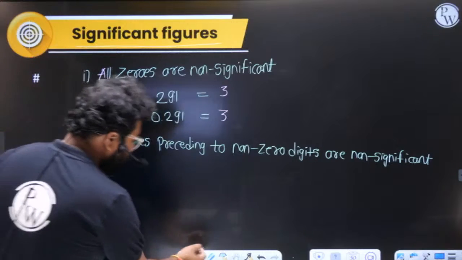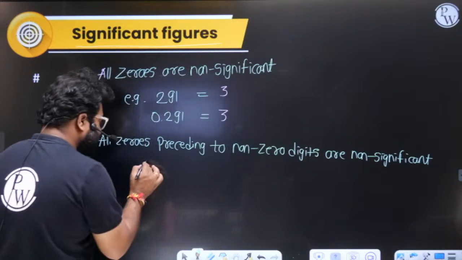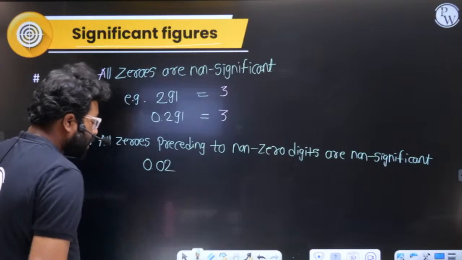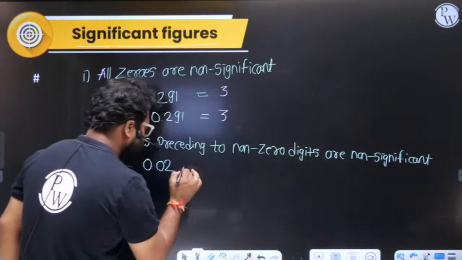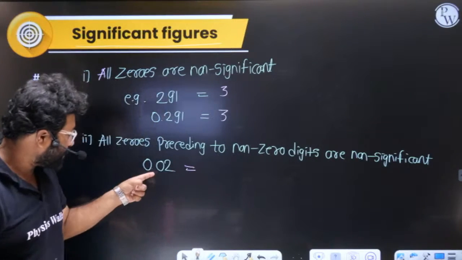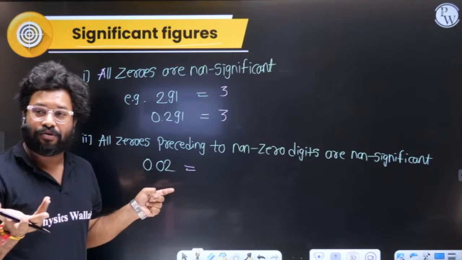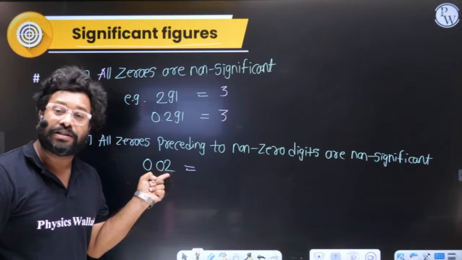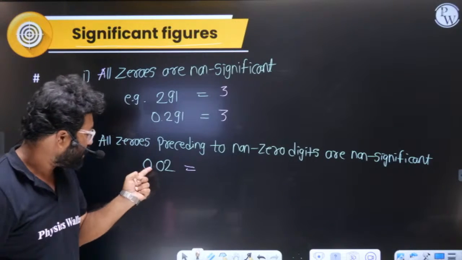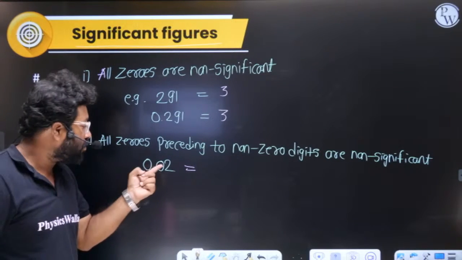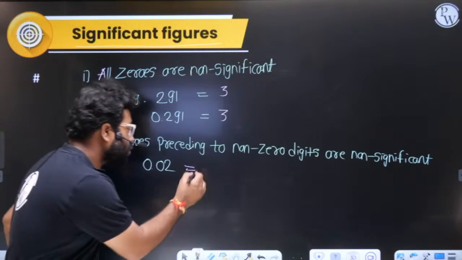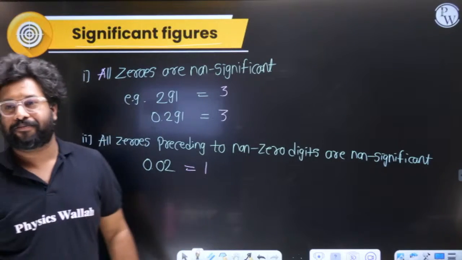For example, you can also have a number like 0.02. How many significant figures does it have? This 0 is coming to the left-hand side of a non-zero digit. 2 is a non-zero digit. So here the number of significant figures would always be 1 only.